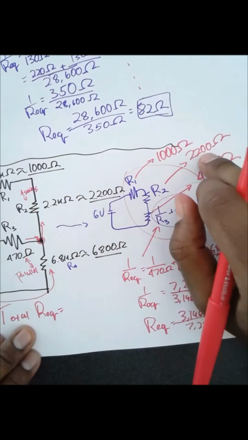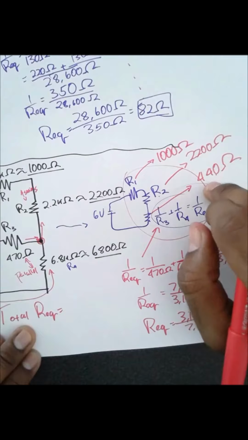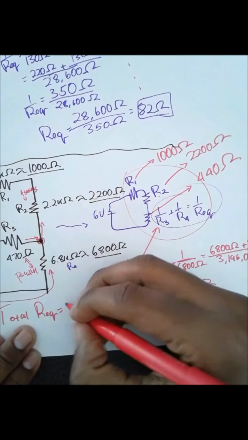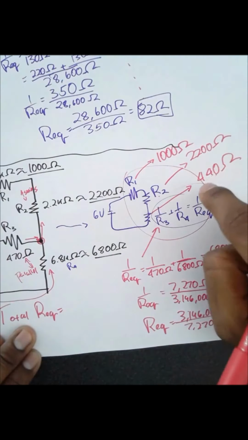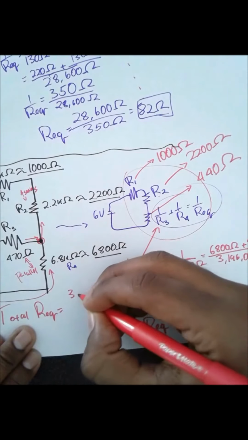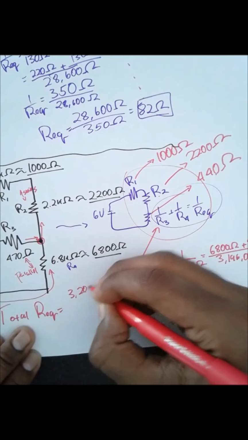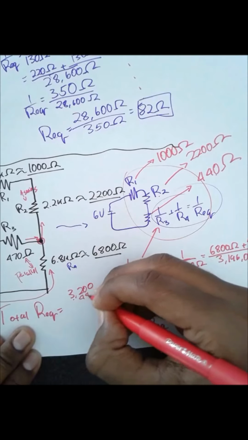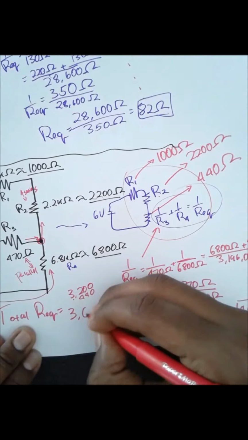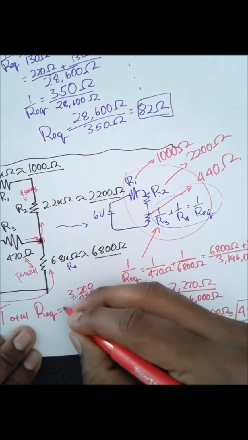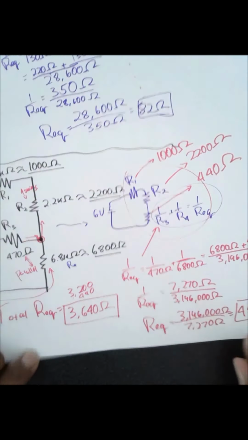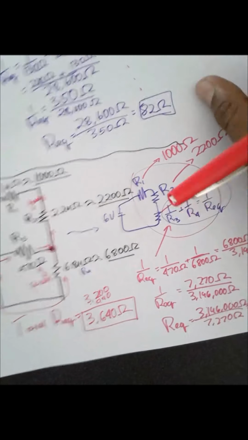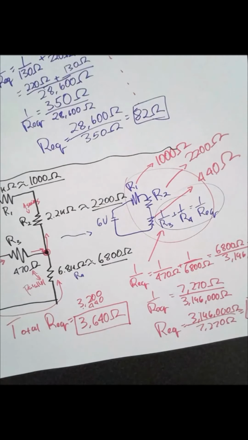So 1,000 plus 2,200 plus 440, which is 3,200 plus 440, which is 3,640 ohms. So that's the total resistance in the whole circuit. Alright, let's put this guy in the table.